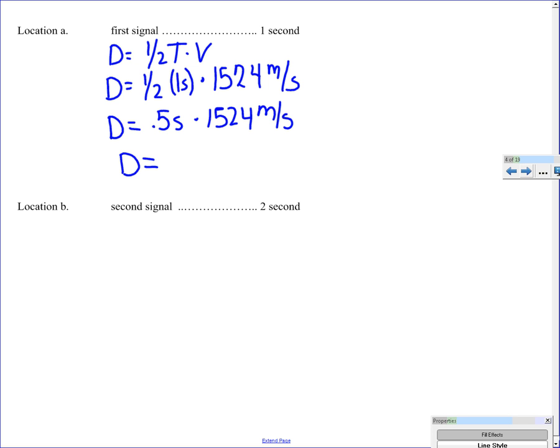What's the distance at location A? You should be able to figure that out without a calculator. No, I'm not giving you a calculator. How are you going to figure that out? Divide it out. That's simple division. Divided by 2. You can do it without a calculator. 762.